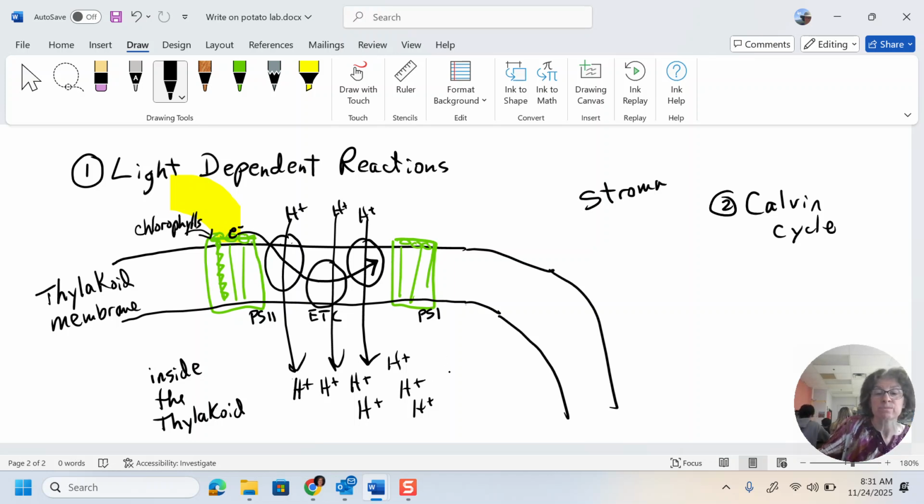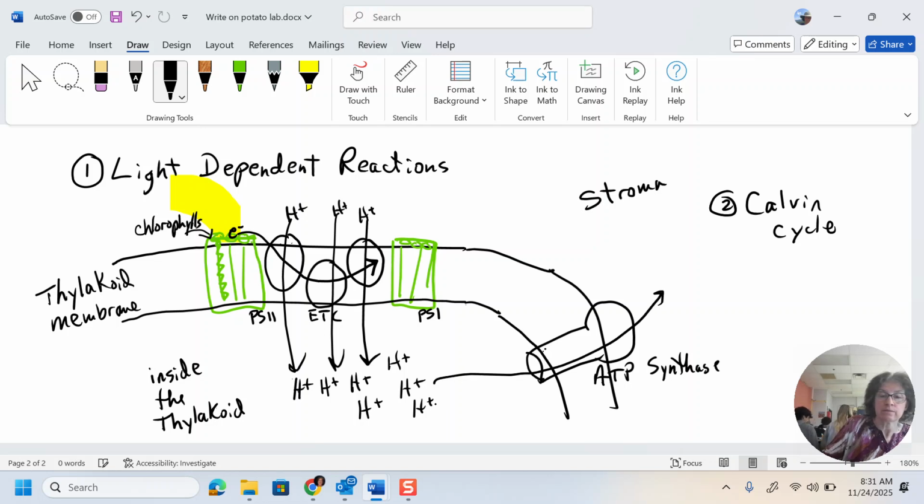Okay. All right. And just like with mitochondria, we also have an ATP synthase here. Another ATP synthase molecule that when hydrogen flows through it, which it will because hydrogen likes to get rid of that imbalance. Remember, nature doesn't like an imbalance.